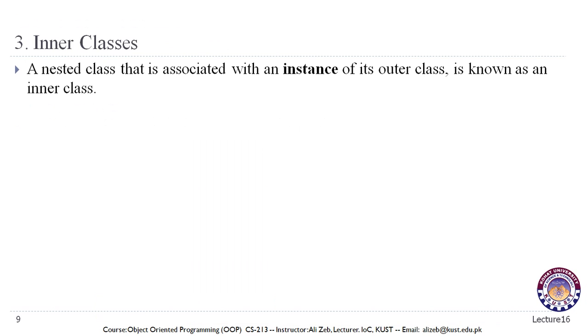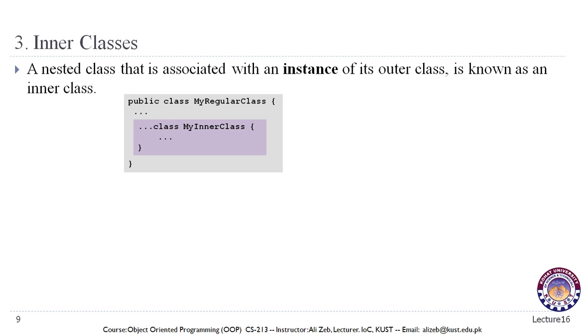A nested class that is associated with an instance of its outer class is known as an inner class. So the non-static nested classes can be called inner classes. And the syntax of an inner class is public class.